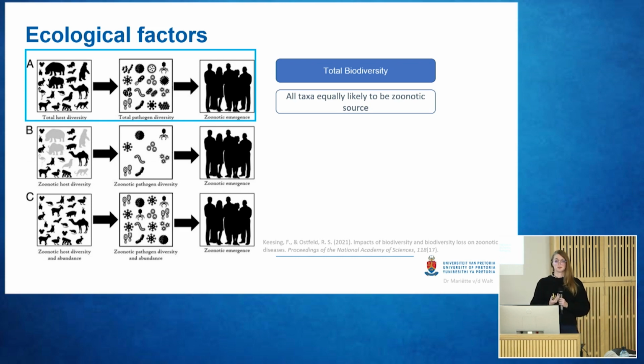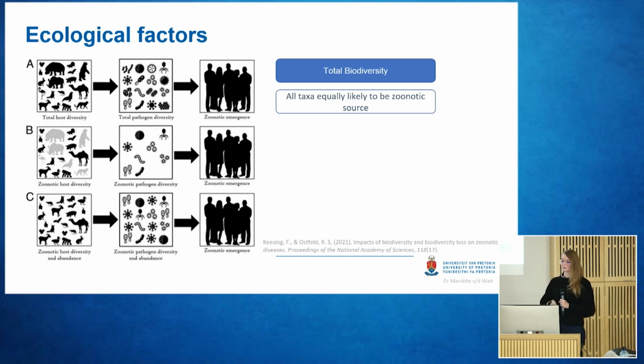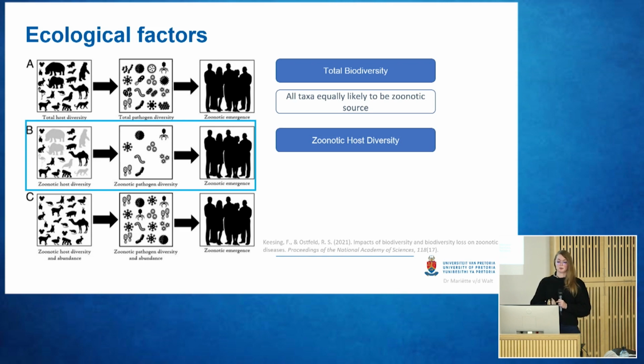So if you have to investigate all animals across all kingdoms because they might be likely to cause disease emergence, that's going to take a lot of effort and a lot of time. The second model is maybe a bit better because it's the zoonotic host diversity model, where it assumes that only specific animals within your greater biodiversity are likely to be sources of zoonotic disease outbreak.